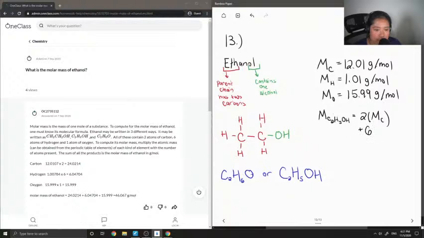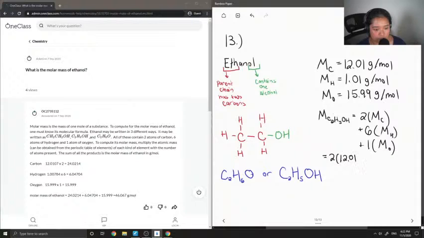It's going to be 6 times the molar mass of hydrogen, since there are 6 hydrogens. And then I'm just going to also write out 1 times the molar mass of oxygen, since we have 1 oxygen. So now let's just plug the values in.